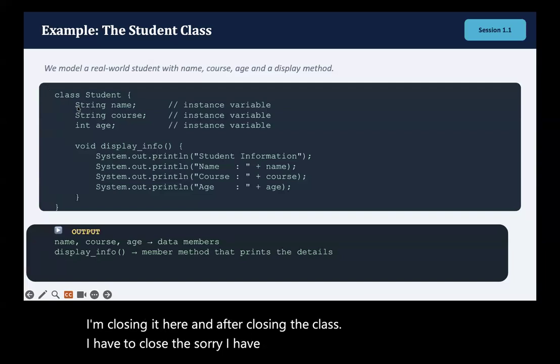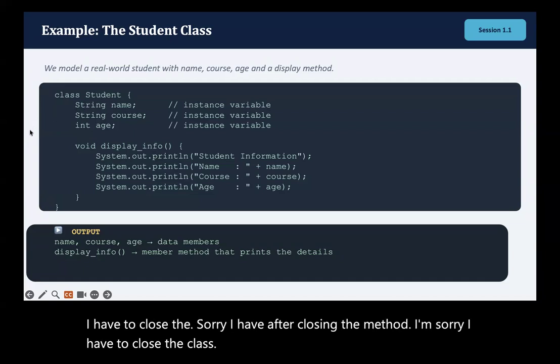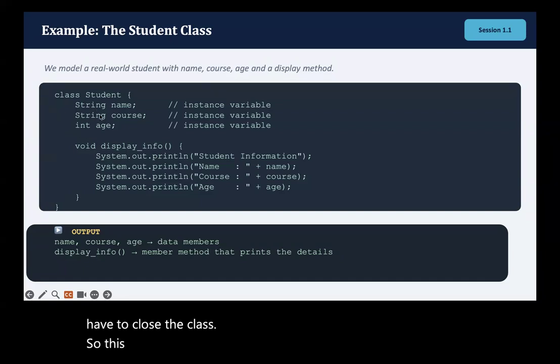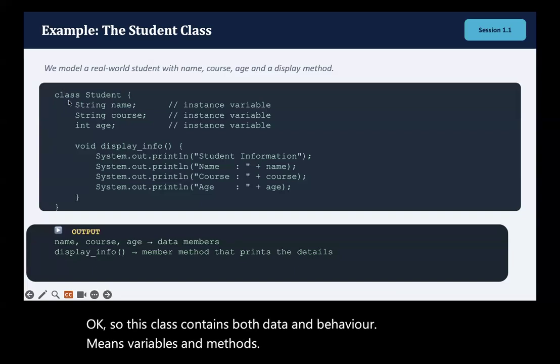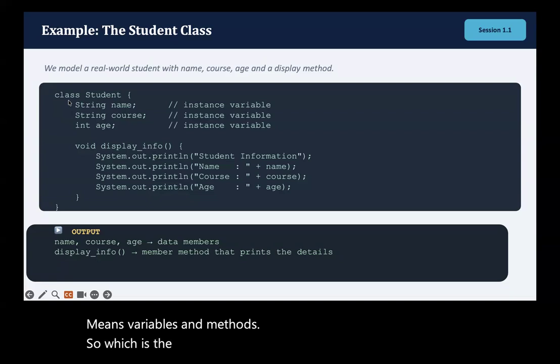After closing the method, I have to close the class. This method simply displays the student's details on the screen. This class contains both data and behavior, meaning variables and methods, which is the basic structure of most Java classes.